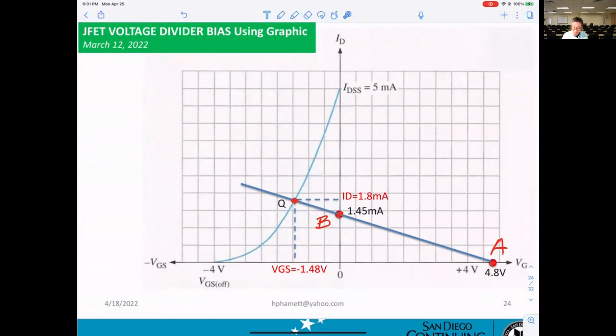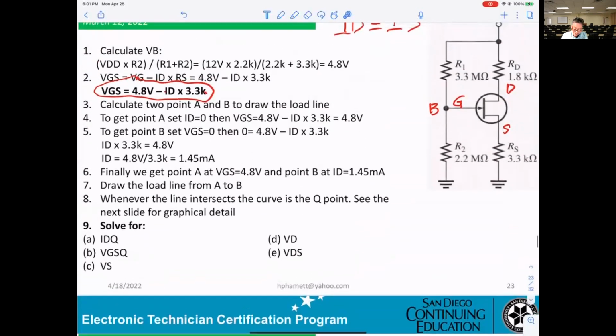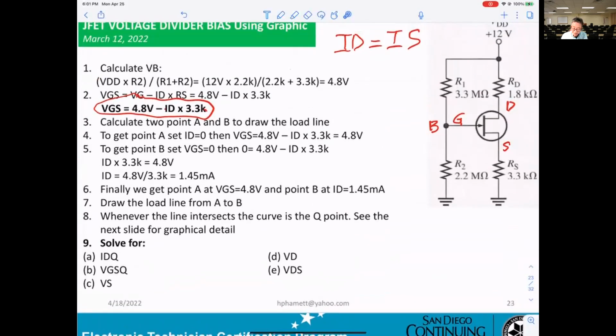Therefore, voltage divider. Okay, if they give you the voltage divider circuit here and want you to calculate it without the graphic, that's a very, very difficult calculation.